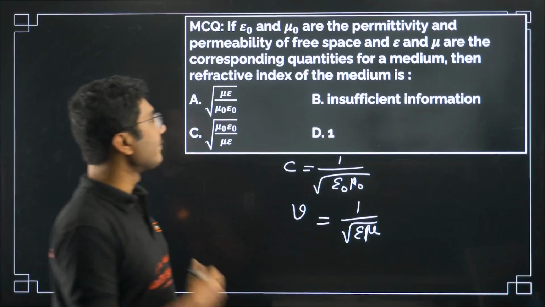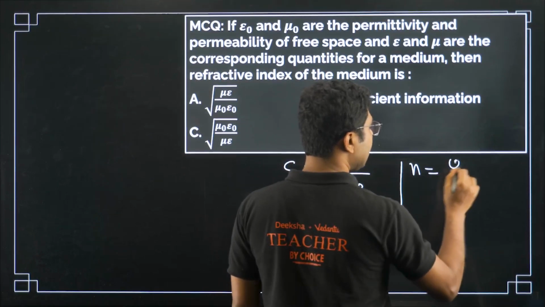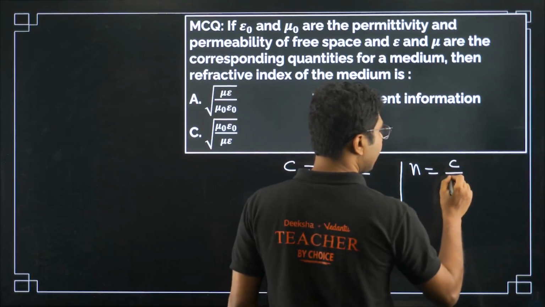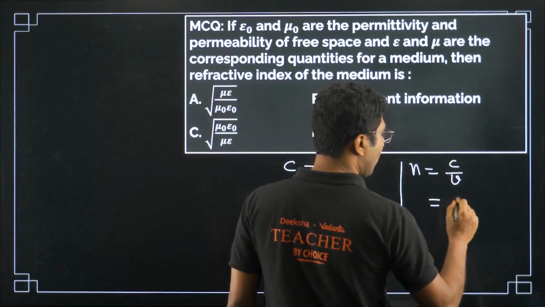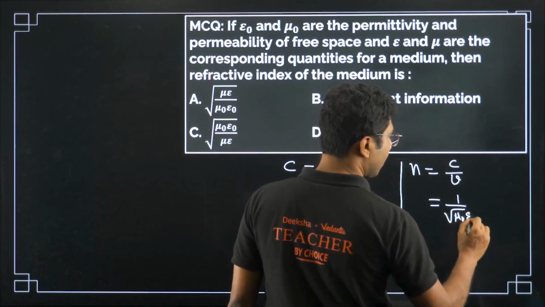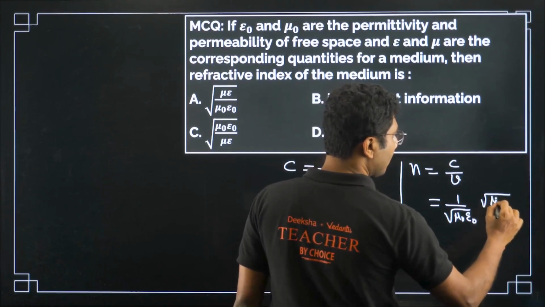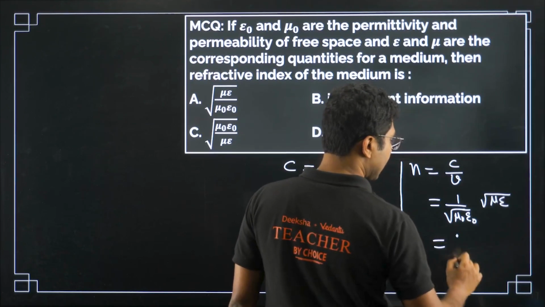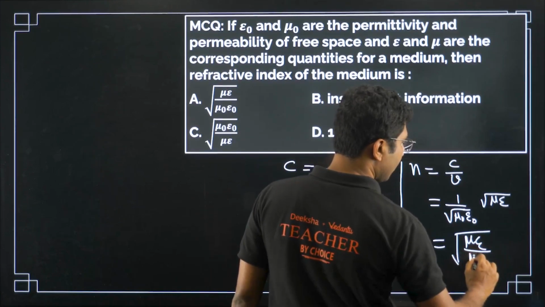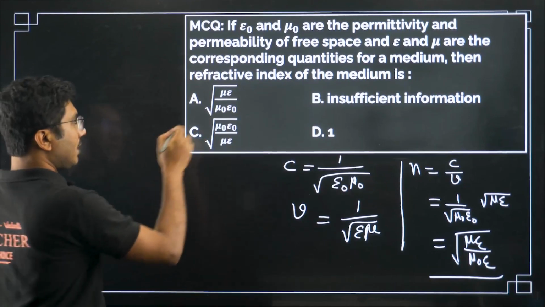So what is the refractive index of the medium? Refractive index of the medium is C by V. C is 1 upon square root of mu naught epsilon naught, and V is 1 upon square root of mu epsilon, so you will get square root of mu epsilon divided by mu naught epsilon naught.